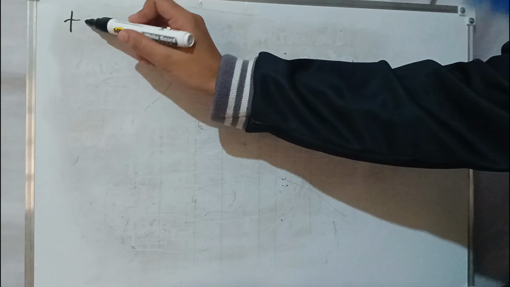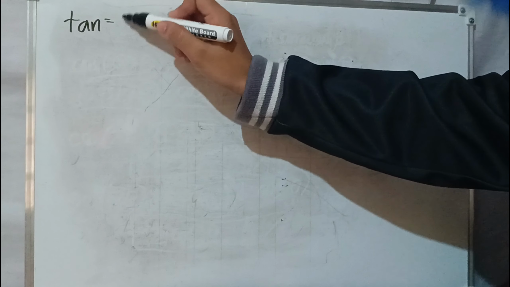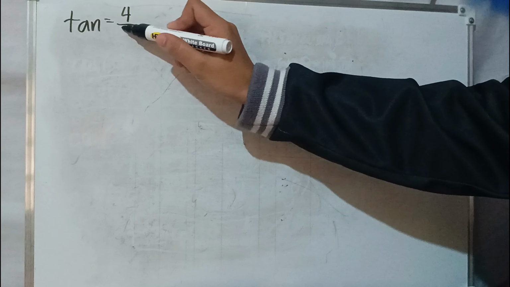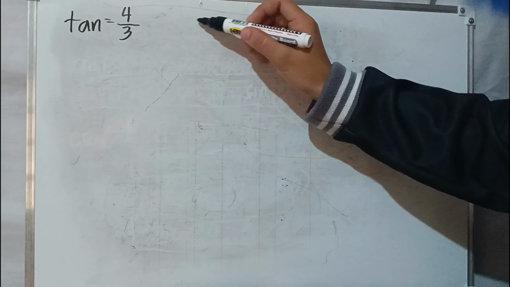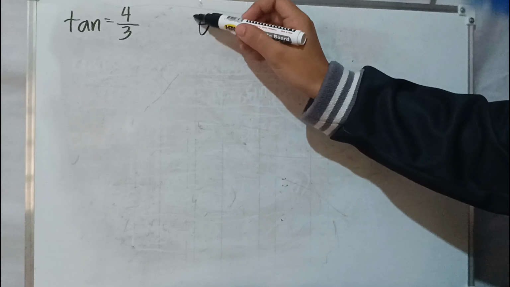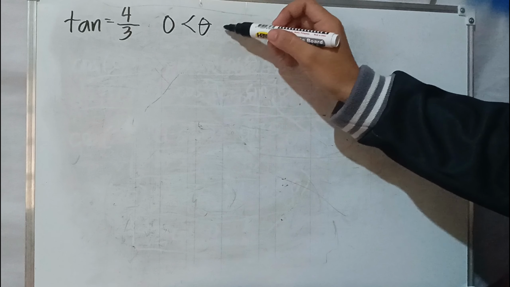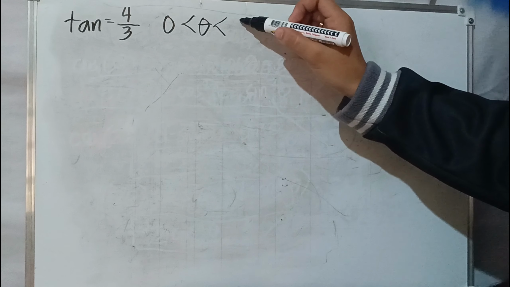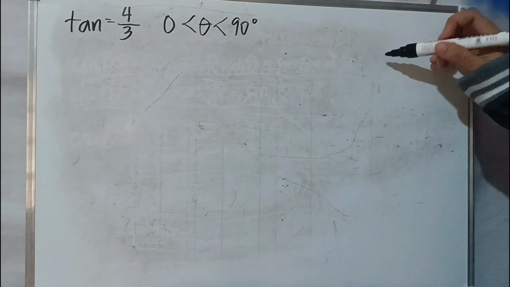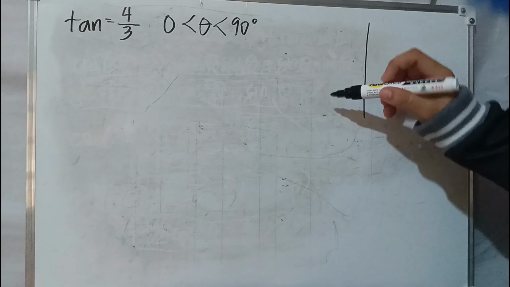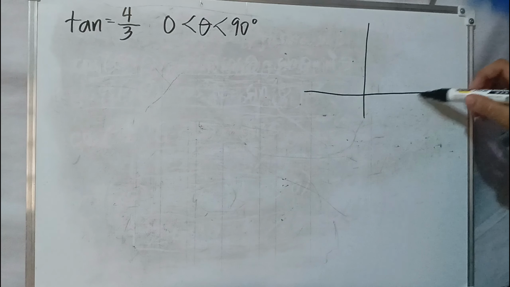And now, we have here an example. Tangent theta is equal to 4 over 3. The theta is between 0 and 90 degrees. First, we will draw a triangle.